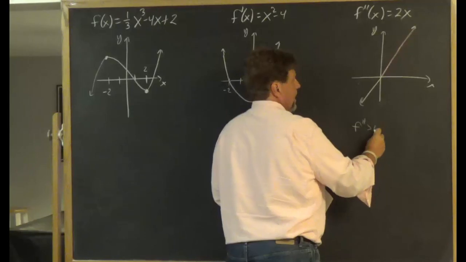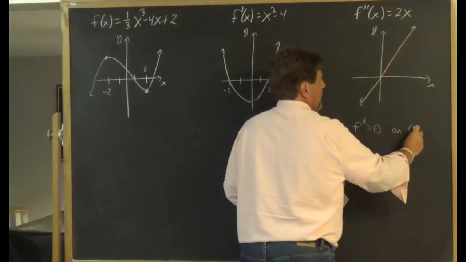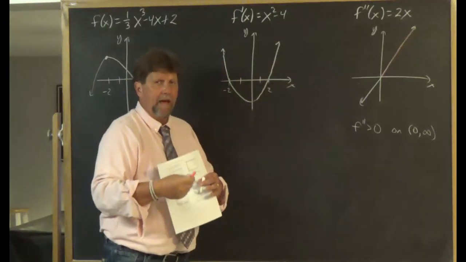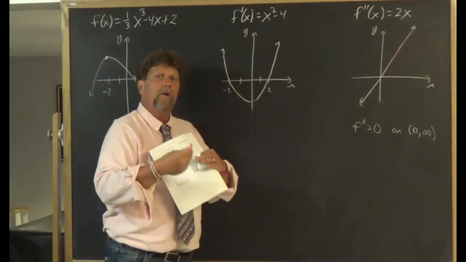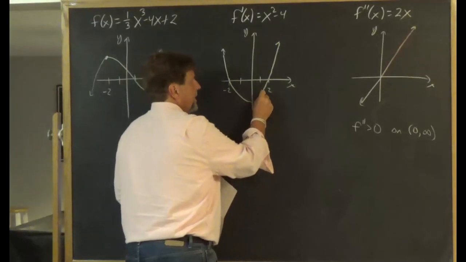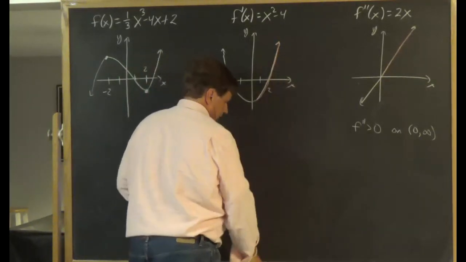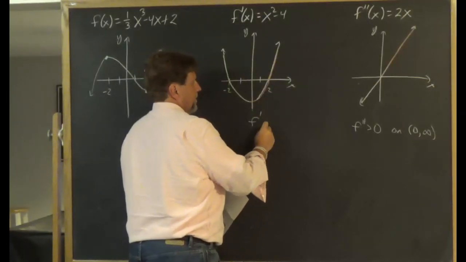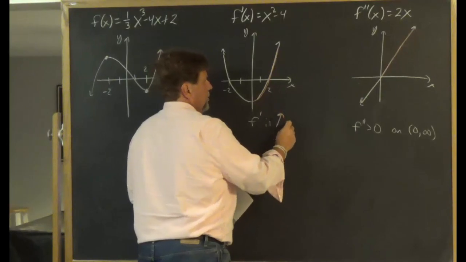Second derivative is positive on the interval 0 to infinity. That matches up exactly with where the derivative is increasing. The derivative is increasing from 0 to infinity. Let me write that down. The derivative is increasing.